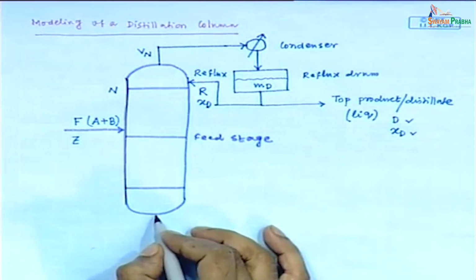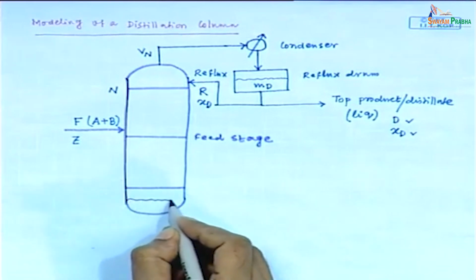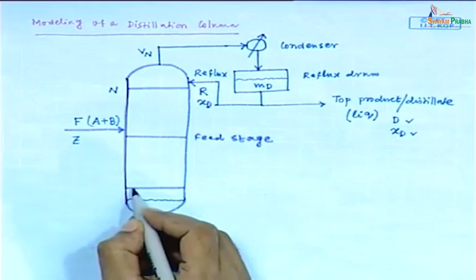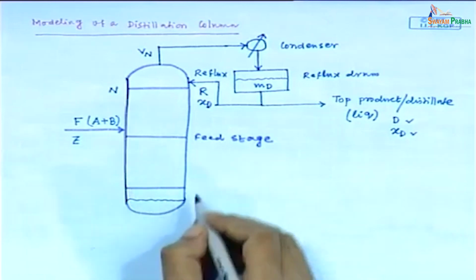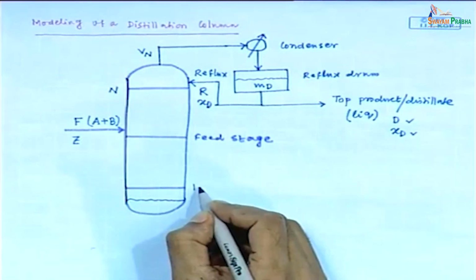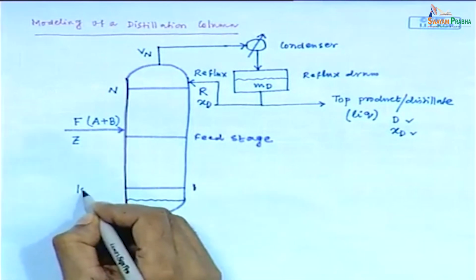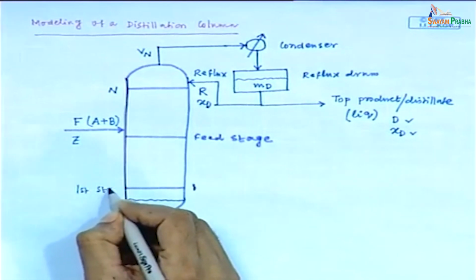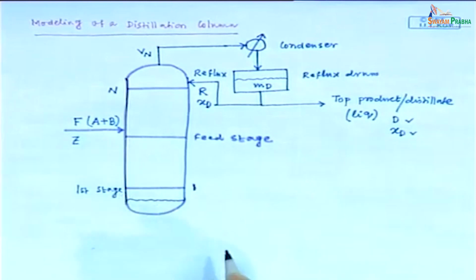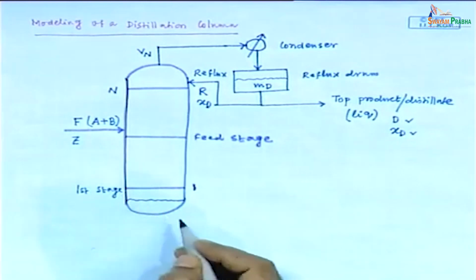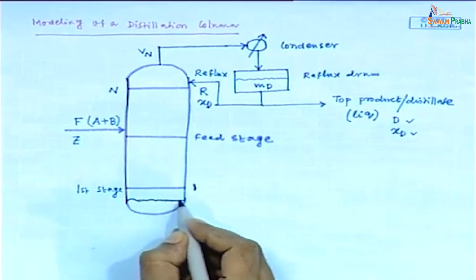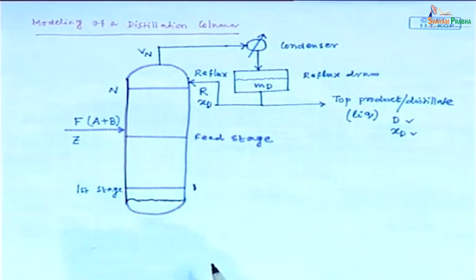Similarly, at the bottom section, the liquid which left this bottom tray, this is we can say first tray, first stage, is accumulated in this column base.